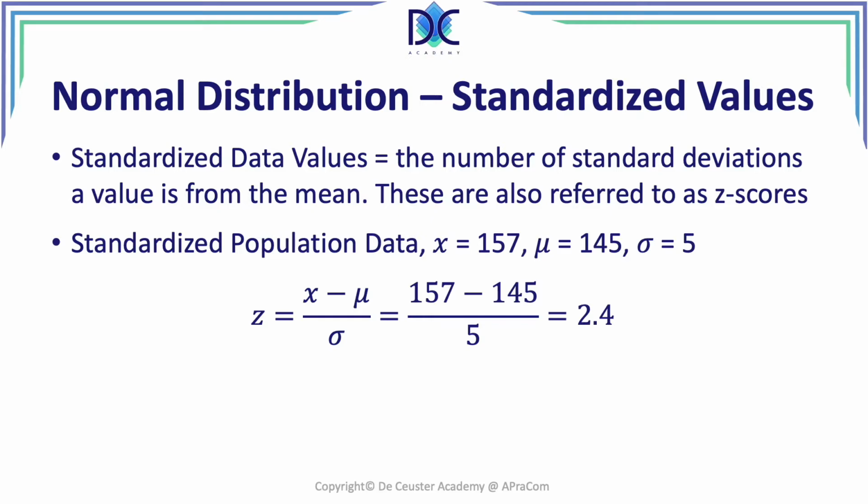We do that by subtracting mu from x and dividing by sigma, the standard deviation. So we have 157 minus 145, that's the distance between the average value and the x value, and we divide that by the standard deviation.